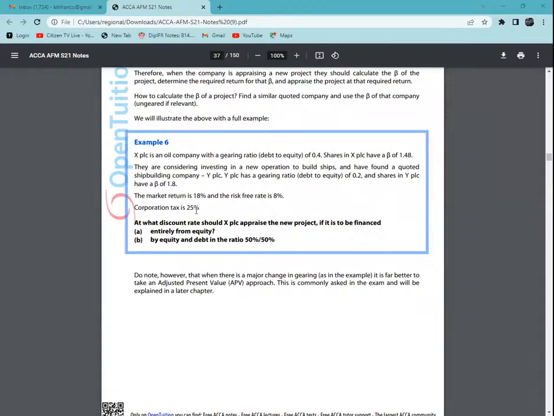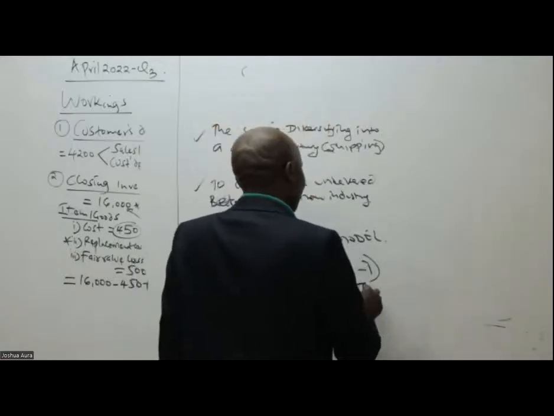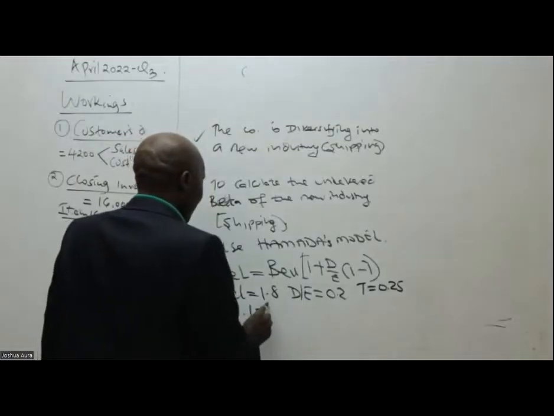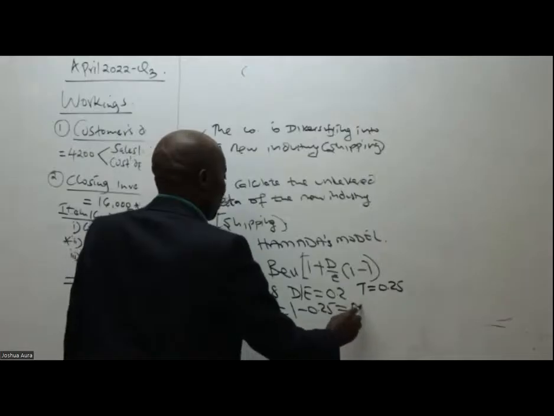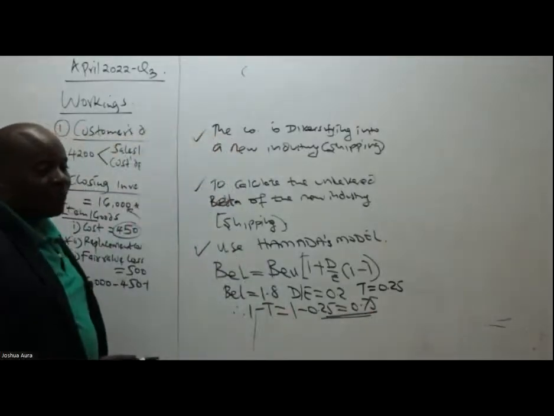And then the other thing they have done so nicely is to give me the risk-free. Somebody says risk-free, not risk-free, but the tax is 0.25. So tax is 0.25, and therefore 1 minus tax will be 1 minus 0.25, which will be 0.75.